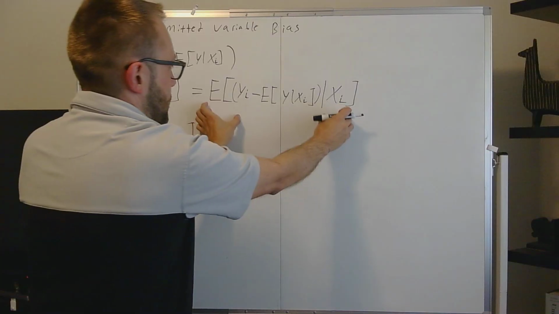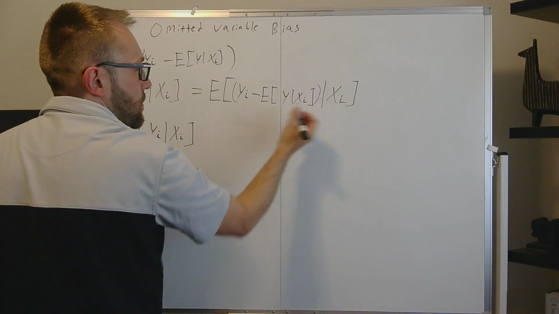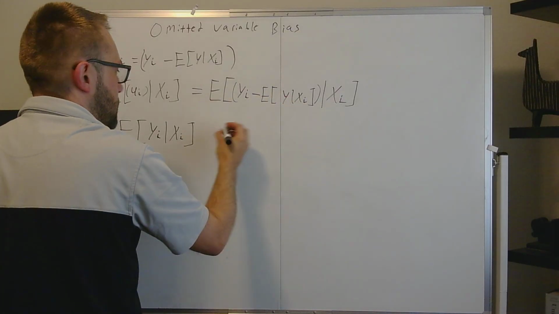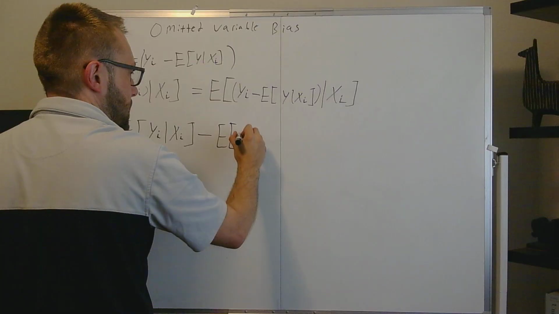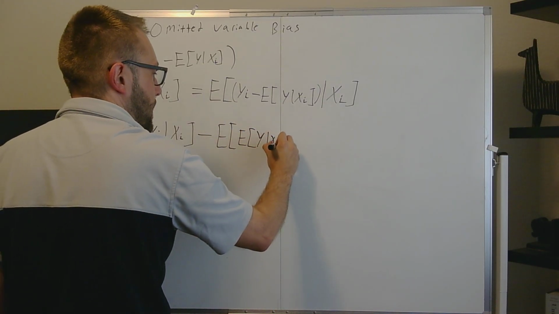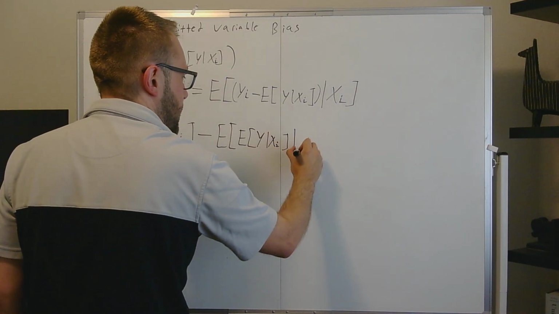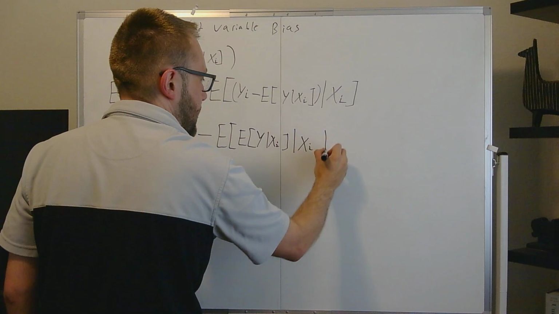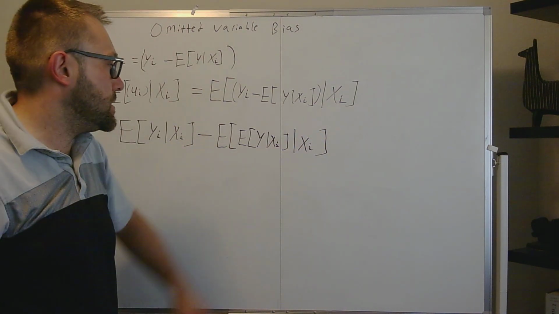And then we're going to do the same thing and attach this subtracting expectation of y given xi. So that would be minus then the expectation of y given xi, and then given xi, because again we are taking a conditional expectation given xi.